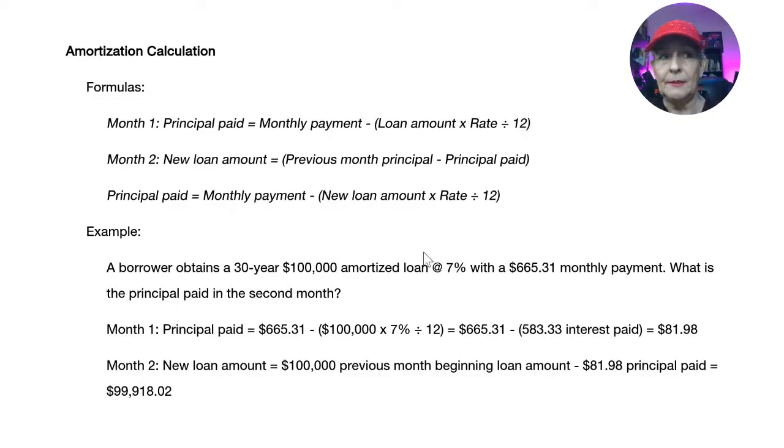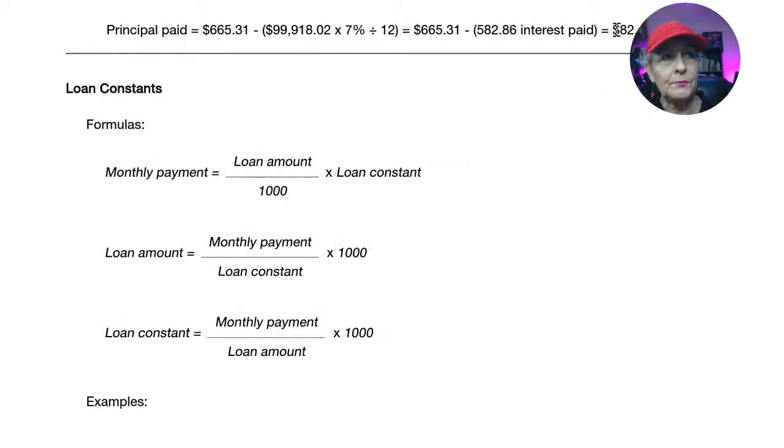Got it? So we start out with a basis of 100,000, multiply times the interest, divide by 12. We do that every month and subtract from the new loan amount and get what was paid towards the principal.